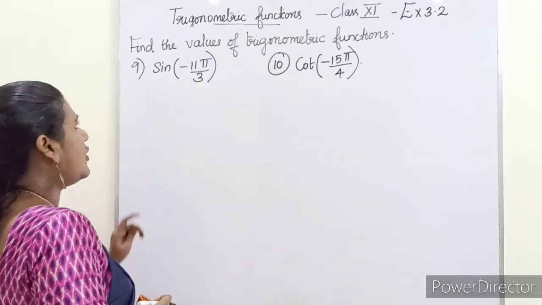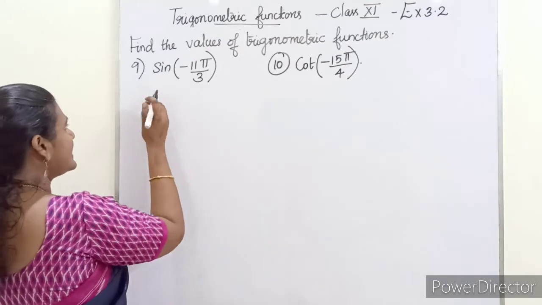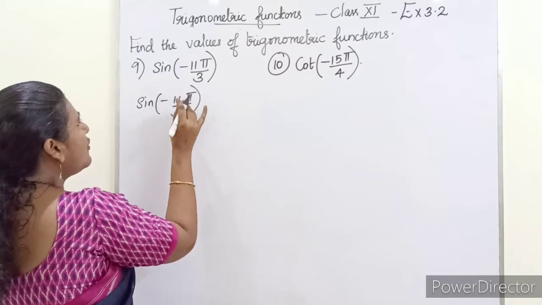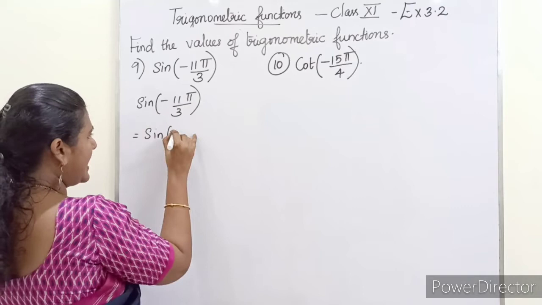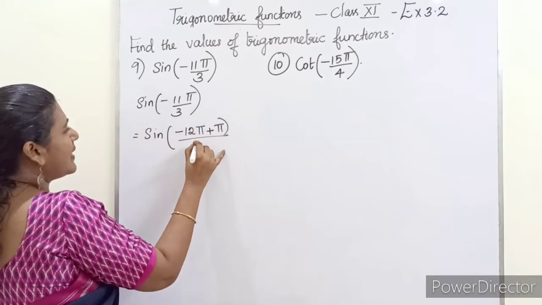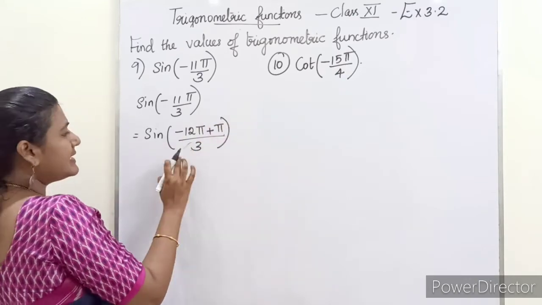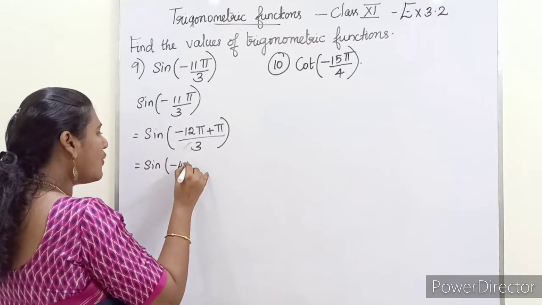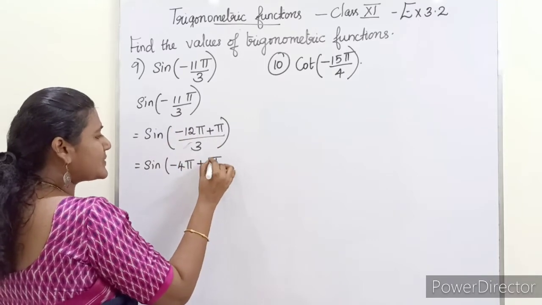So the ninth question. Similarly, how will you find the value of sin minus 11 pi by 3? So how to represent this? We can write this minus 11 pi as minus 12 pi plus pi. What is minus 12 pi plus pi? This is minus 11 pi only. Then we will divide each term by 3. That is sin of minus 4 pi plus pi by 3.